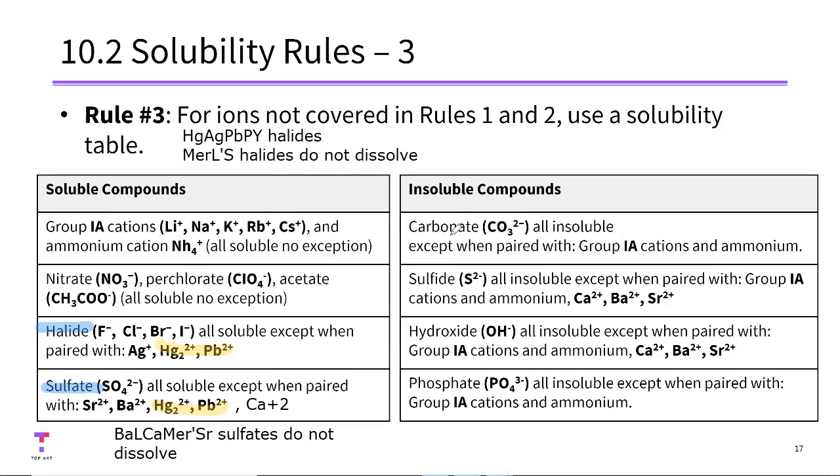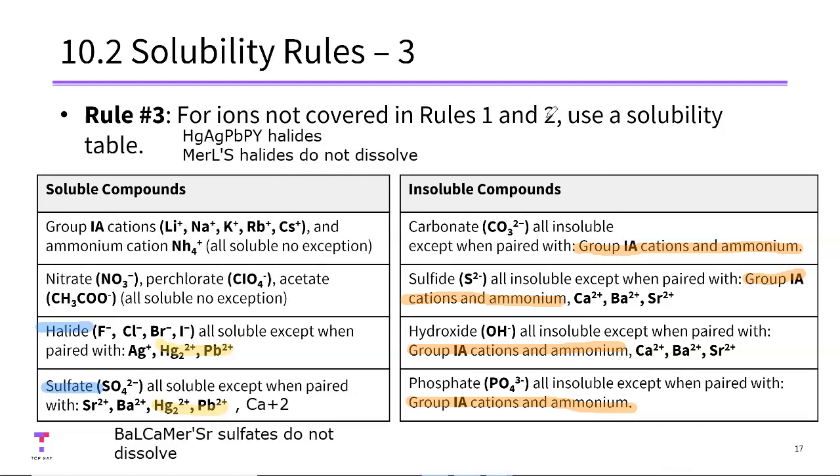So for carbonates and sulfides and hydroxides and phosphates and pretty much any other ion that you can think of that isn't on this list, you'll find that they're always soluble with group 1 cations and ammonium. And the reason why they're always soluble with group 1 cations and ammonium is because everything that bonds with a group 1 cation or ammonium ion dissolves in water. That's why it's the bottom of the cake. That's why it's that base.